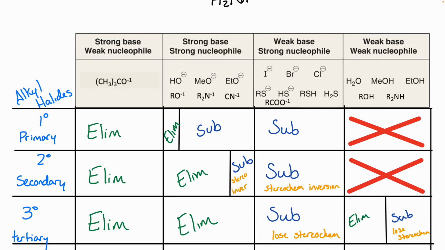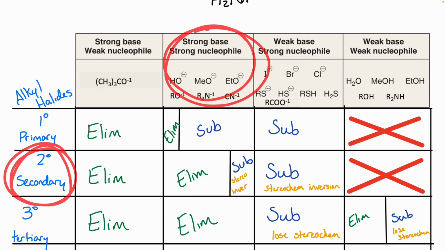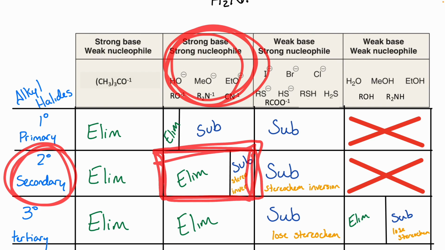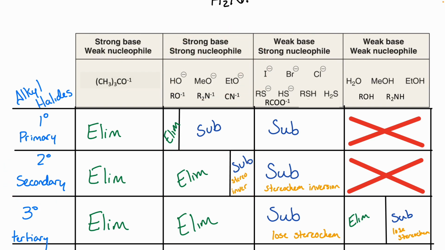And since we have a secondary alkyl halide and a strong base, strong nucleophile, our major product's going to be the elimination product, but since it asks for all products, I'm also going to have to include that minor substitution product. So let's do that one first.